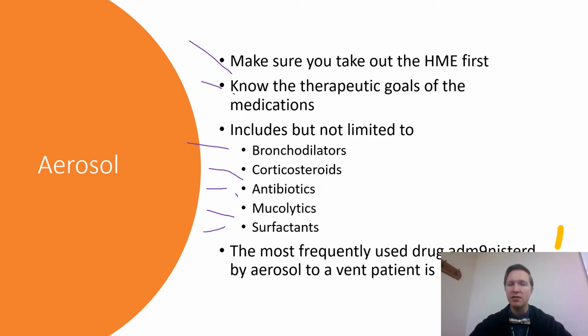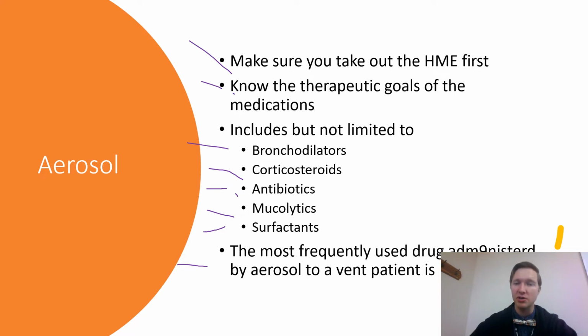The most frequently used drug that's administered by aerosol to a vented patient is the bronchodilator, right? And that is primarily secondary to the effects that it has on the lungs. When we're looking at the sympathetic effect, and usually they're sympathomimetic, some of them include a parasympatholytic, or an anticholinergic, like an Atrovent.